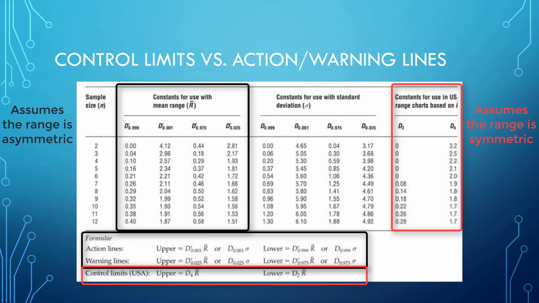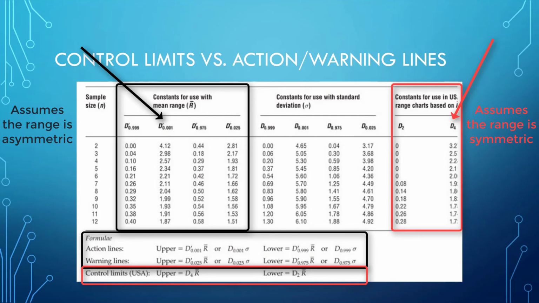As a starting comparison, let's compare how the upper action limits compare for each of these 2 techniques. In the technique that we've been studying, the upper action limit would be D' of 0.001 times the average range, where in the control limits technique, it would be D4 times the average range.